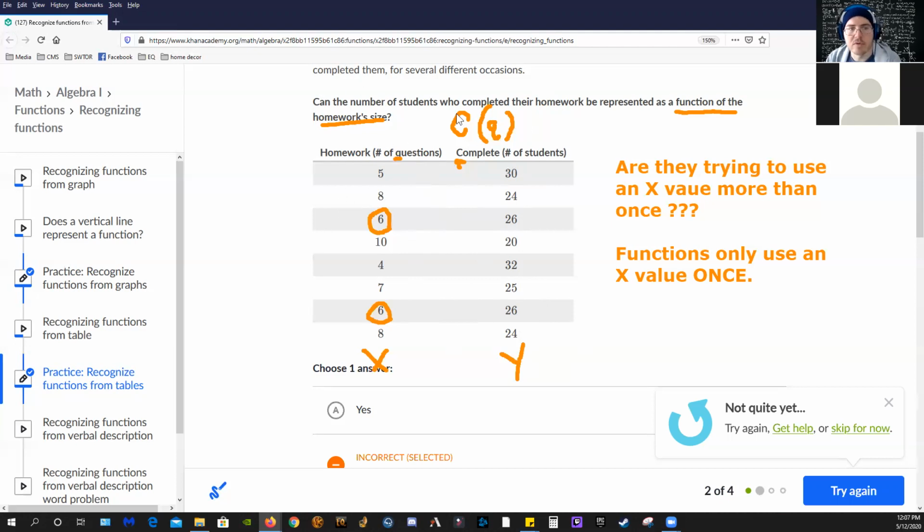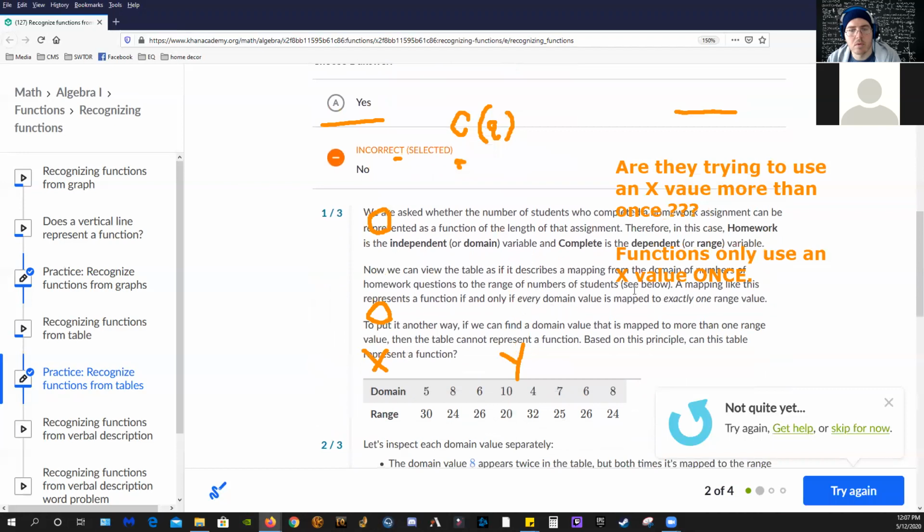Can the number of students, I might want to argue with this one. Can the number of students who complete their work be represented as a function of the homework size? Yeah, I think I'm going to protest that one.